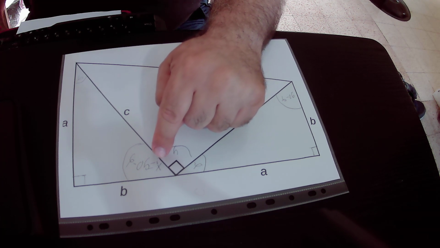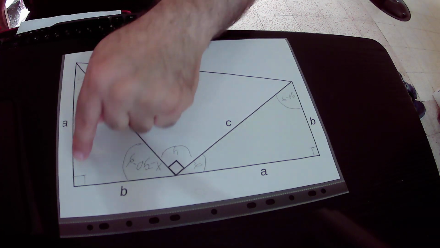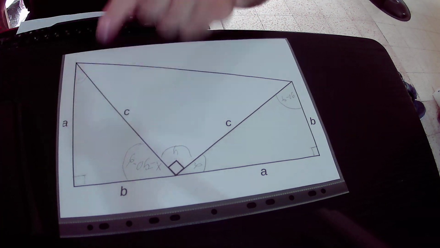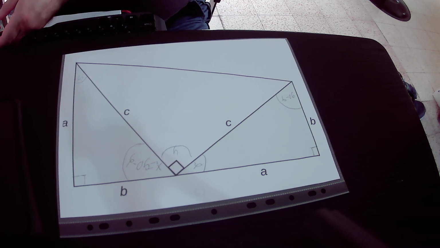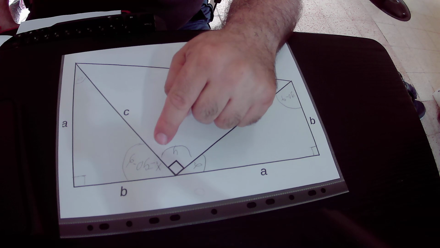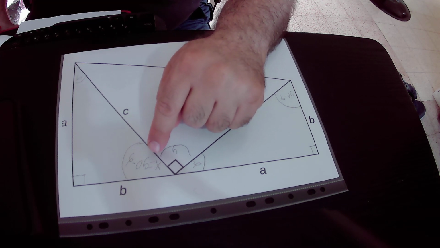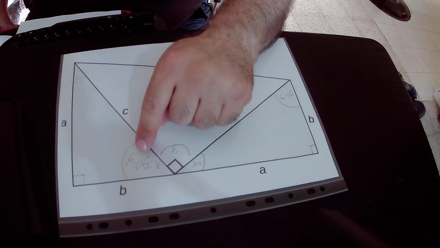So x plus alpha plus 90 equals 180. Therefore, x equals 90 minus alpha.